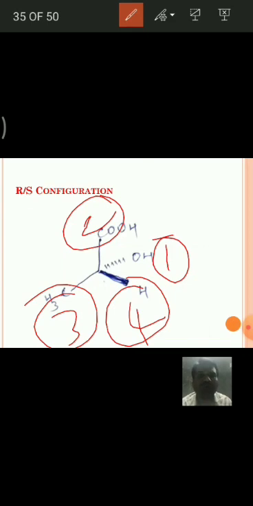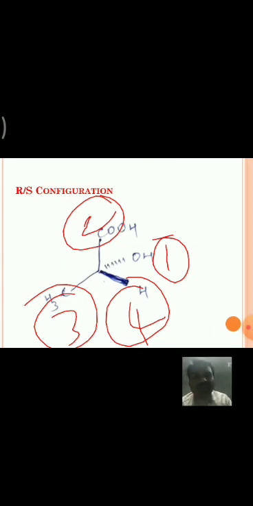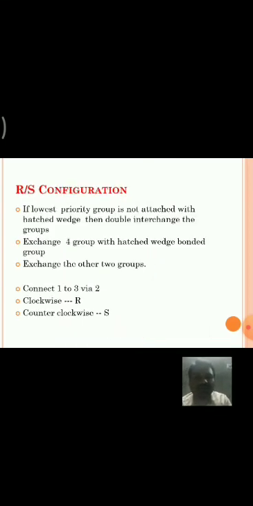Then how to assign configuration to these types of molecules? For this, one more condition: if the lowest priority group is not attached with hatched wedge bond, then double interchange the groups. By double interchanging, the configuration will not be changed.